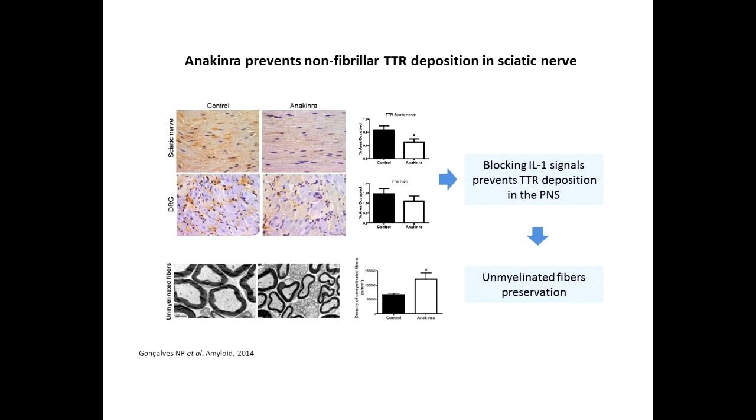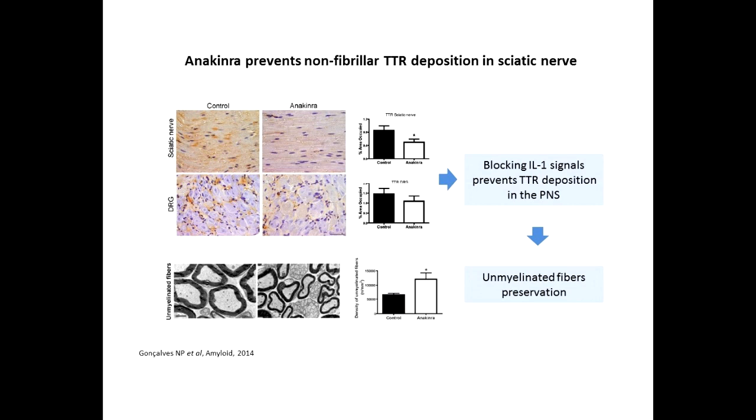So blocking this prevents TTR deposition in the peripheral nervous system. What is most important, and we were surprised by that, is that we have regeneration in the nerve. We measured unmyelinated and myelinated nerve fibers, and you see here the control. Look here at unmyelinated fibers that go up.